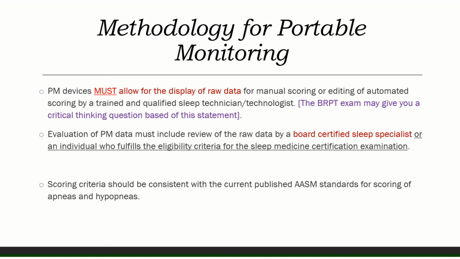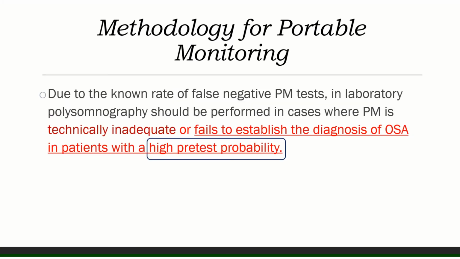Scoring criteria should be consistent with the current published AASM standards for scoring of hypopneas and apneas. Due to the known rate of false negative portable monitoring tests, in-laboratory polysomnography should be performed in cases where portable monitoring is technically inadequate or fails to establish the diagnosis of OSA in patients with a high pretest probability.